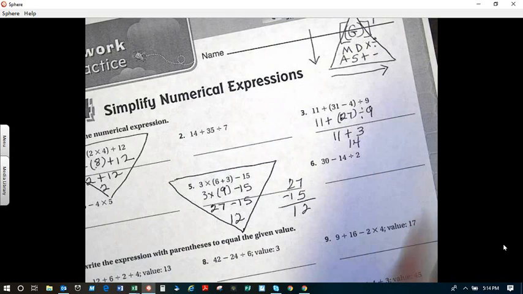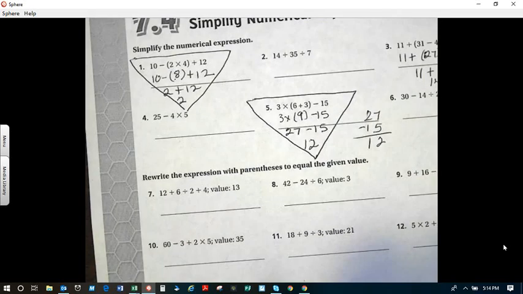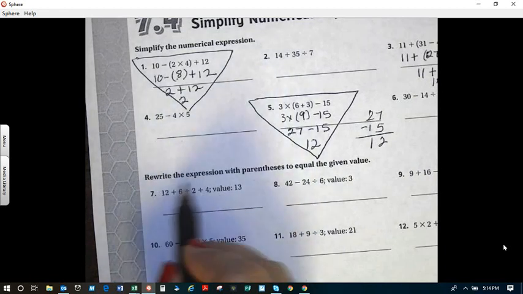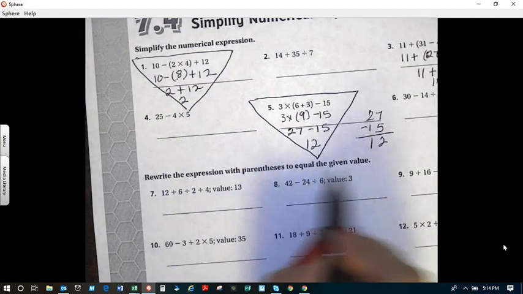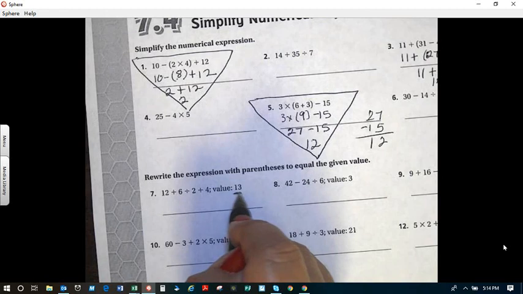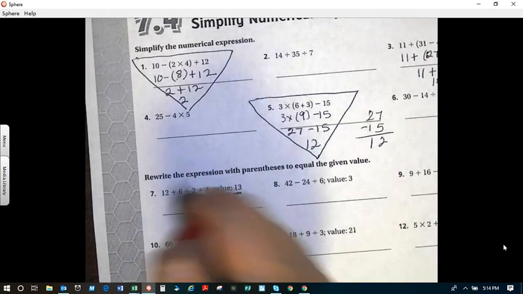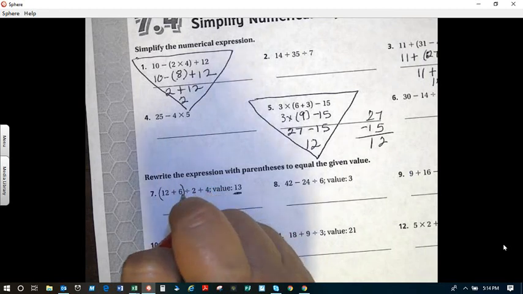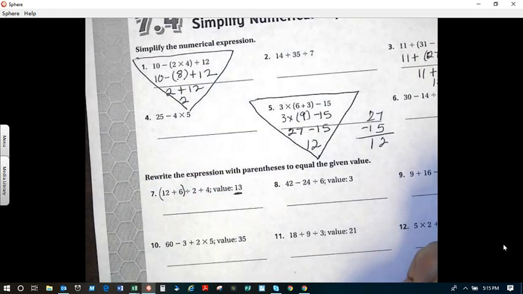All right, now let's work on, we did number 7 together, and we said that we have to rewrite the expression with parentheses to equal the given value. So we're looking for 13. Now, could I put parentheses around here?